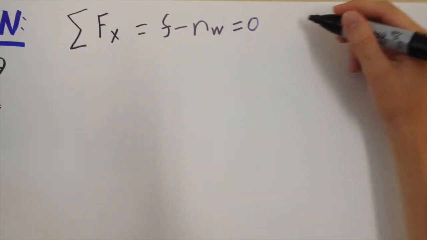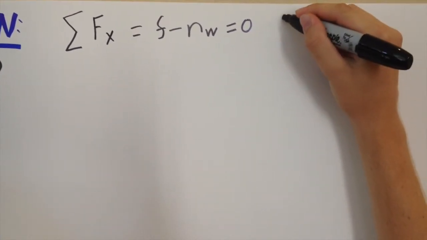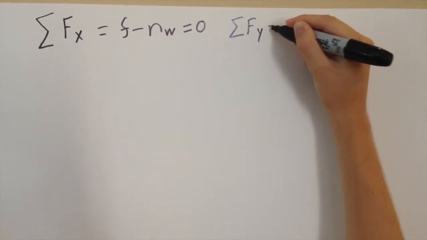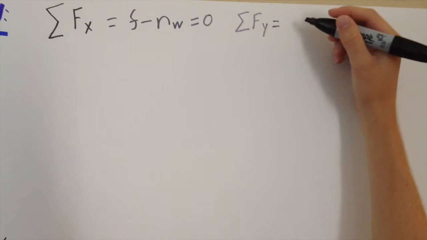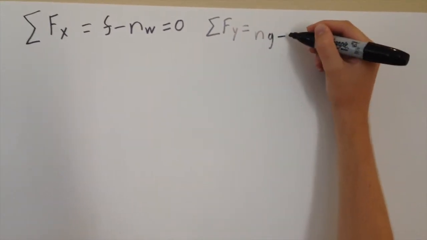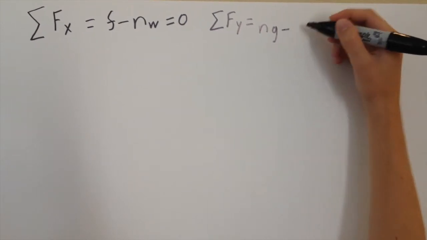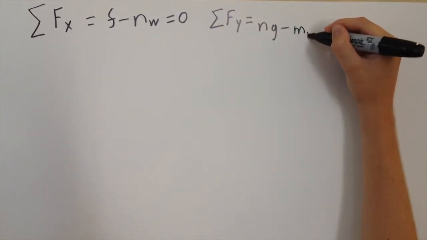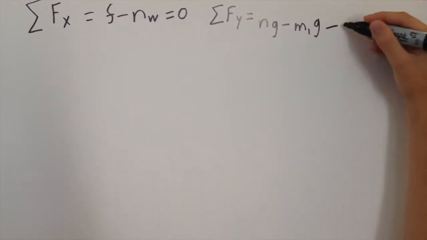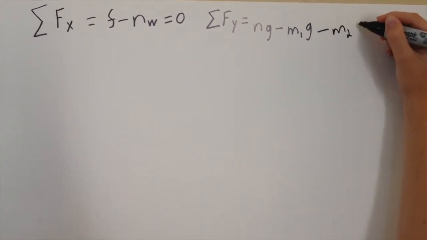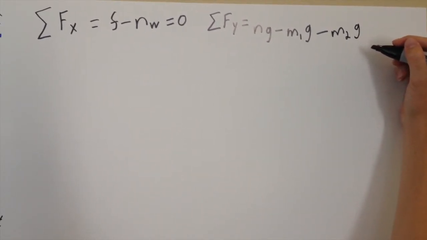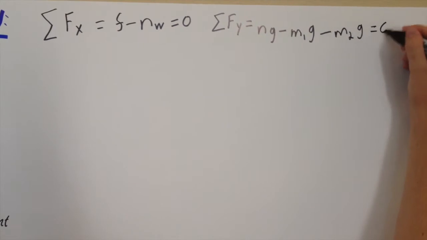In the same way, the sum of the forces in the y direction is equal to the normal force of the ground minus the mass times the gravity of the man minus the mass of the ladder as well. This is also equal to 0.